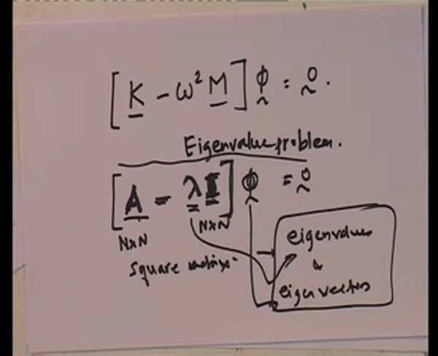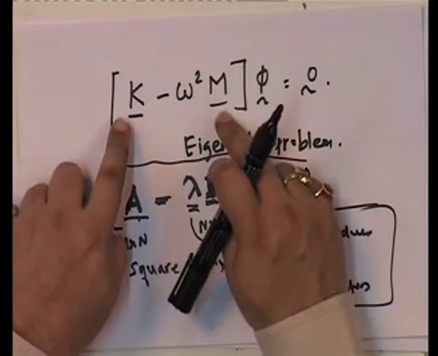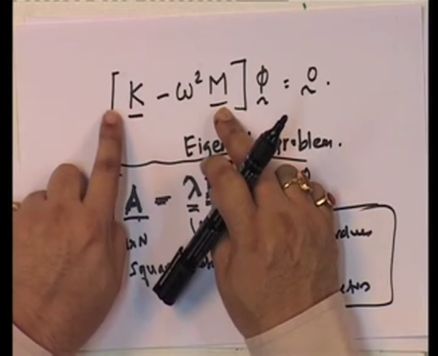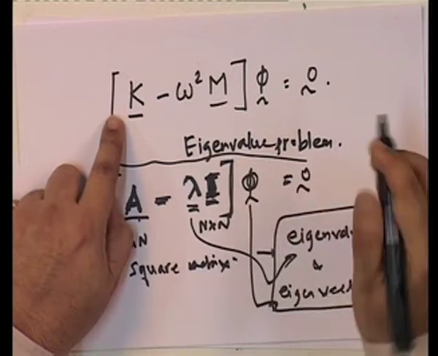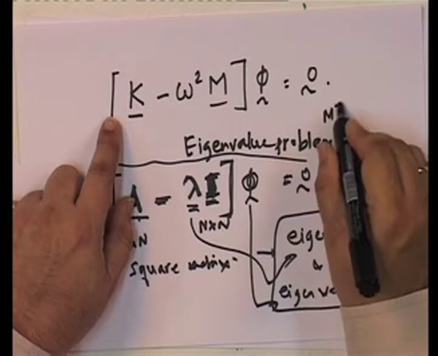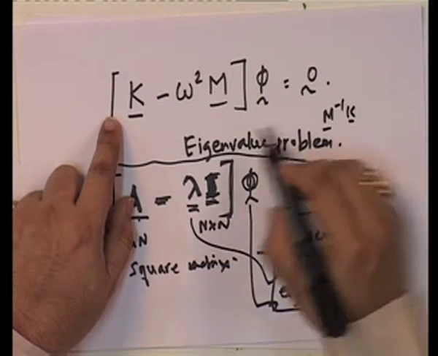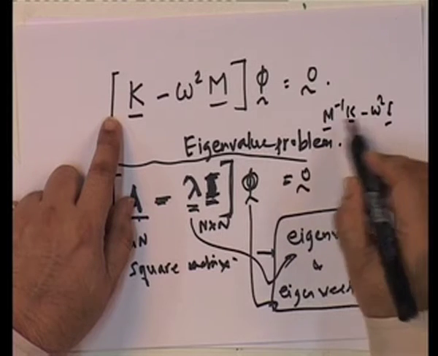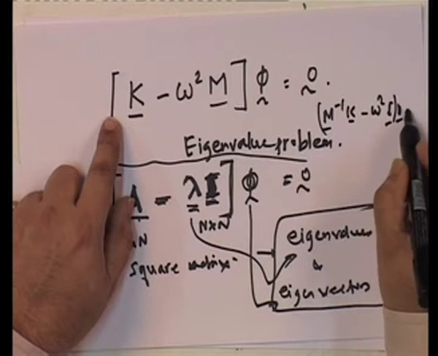All I have to do is pre-multiply both of them by m inverse, and the problem becomes m inverse k minus m inverse m omega squared I into phi is equal to 0.